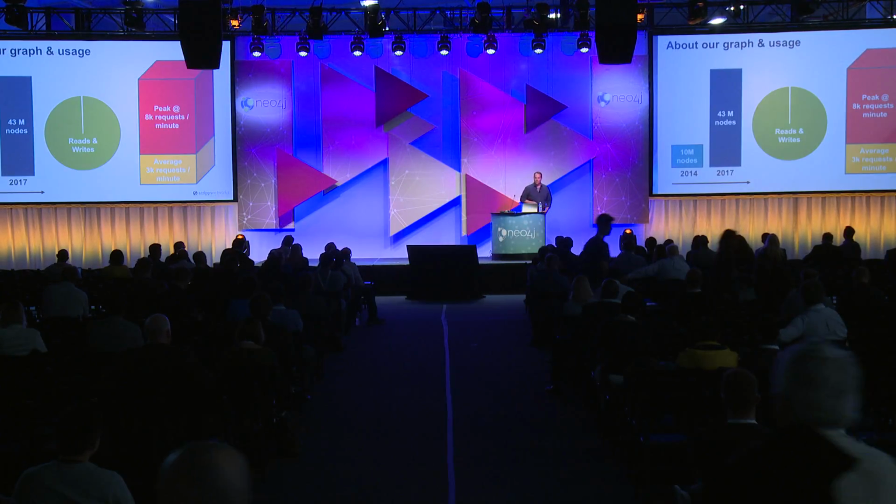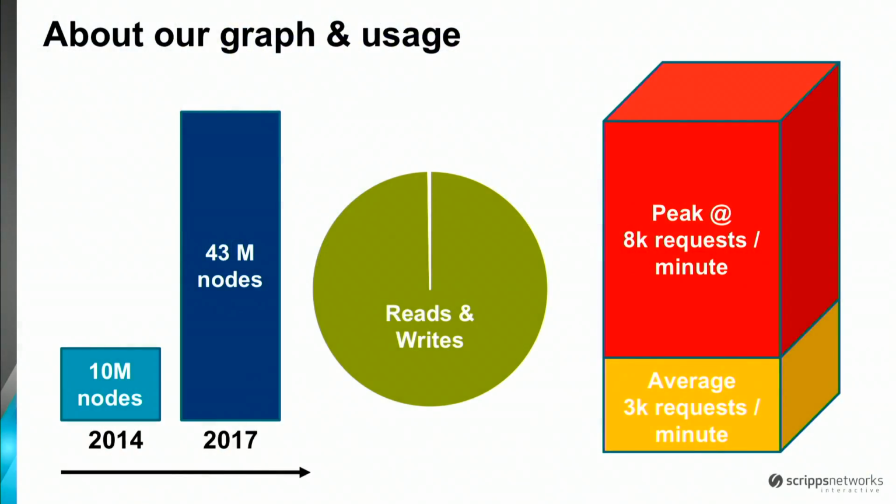We don't have a particularly large graph. I would say it's medium size. Back in 2014, we started out with about 10 million nodes. Today, we have about 43 million nodes. Our read to write ratio is about 400 to 1, so we do a lot of reading out of this. Our transaction volume is about 3,000 requests a minute, not particularly high, and we peak at about 8,000 requests a minute.